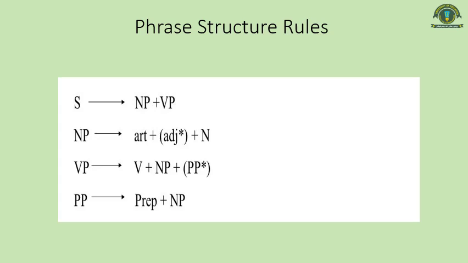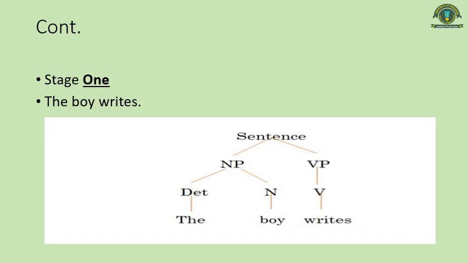The verb phrase is made by joining a verb and a noun phrase, and can be a prepositional phrase as well. Prepositional phrase is made by joining a preposition and a noun phrase. So these are the phrase structure rules, and the application of these rules will be shown in the next slide.